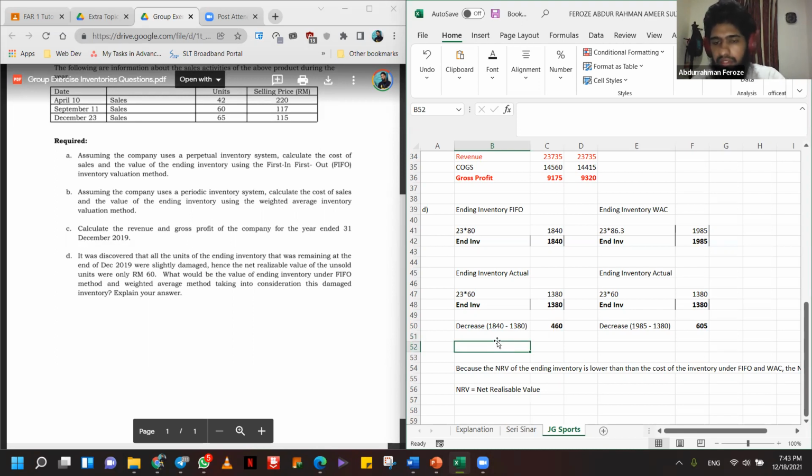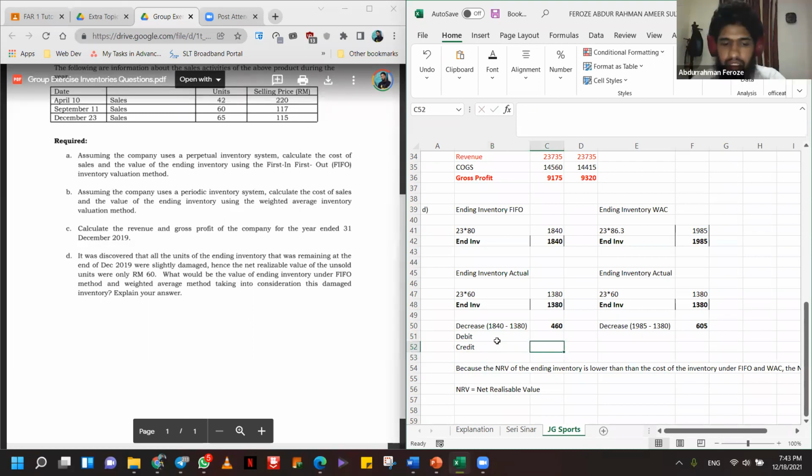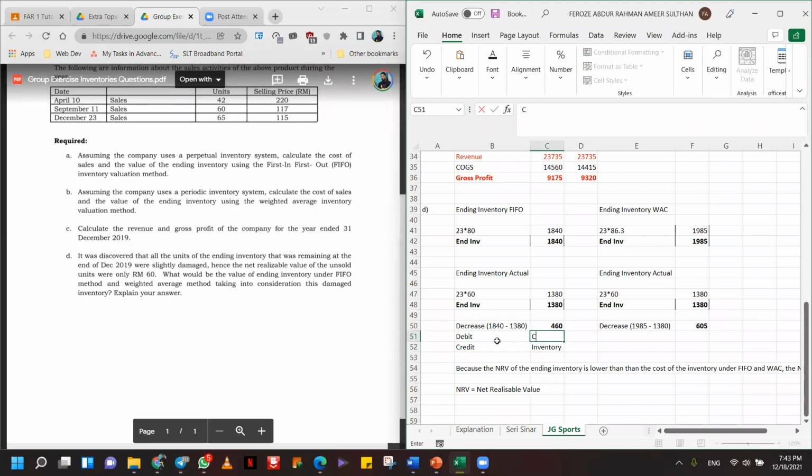The value of the inventory is decreasing here. So do we debit or credit inventory? Credit, right? So we credit inventory and we debit cost of goods.